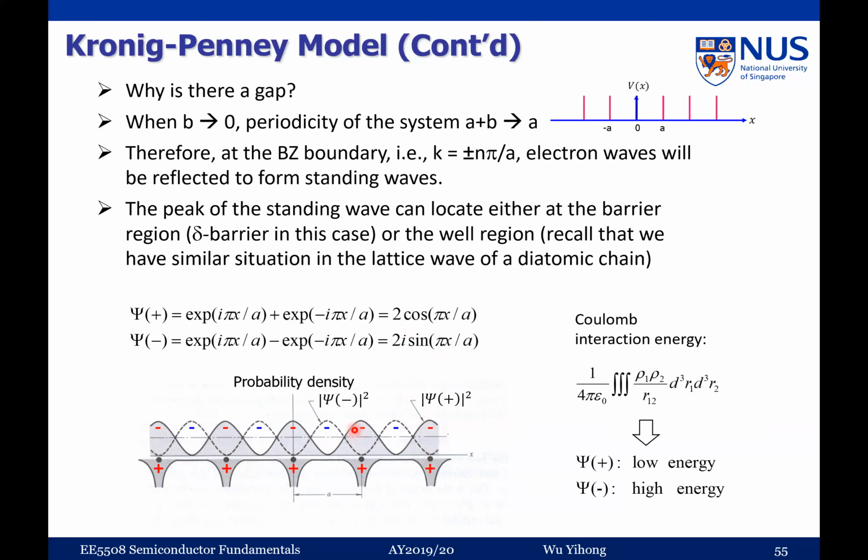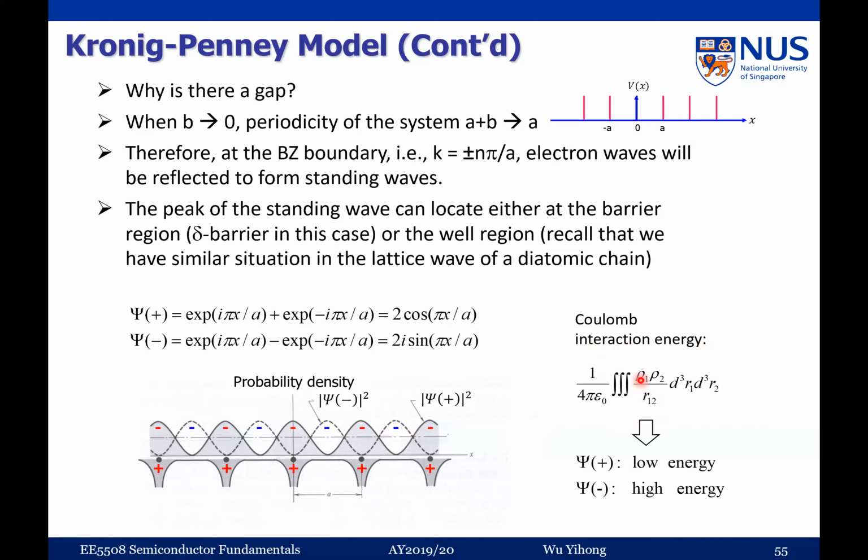And then you can see that the probability of the electron is a maximum near the nucleus. Again, this is a maximum near the nucleus, maximum near the nucleus. When this happens, this interaction will give you a lower electric potential energy. That's because of the Coulomb interaction, the electrostatic energy.